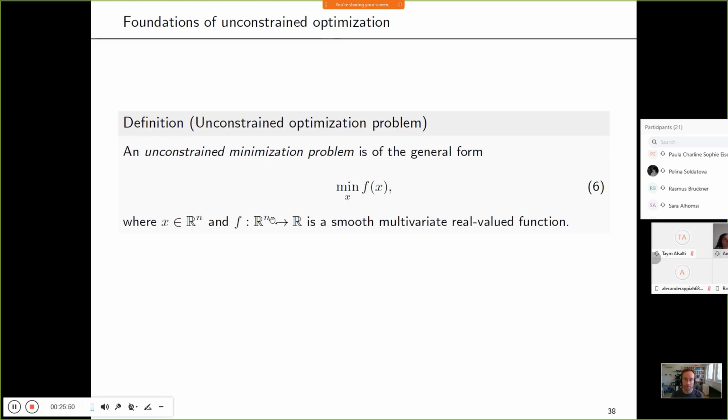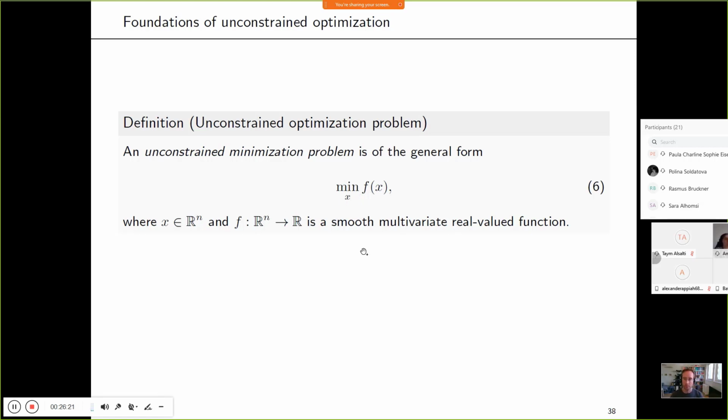Before I talk about Taylor's theorem, let me first give you the problem that we actually now want to deal with. So we are given such a multivariate real-valued function, and then an unconstrained minimization problem. The central thing of what we're trying to do is the problem of finding the minimum of such a function with respect to the parameters.